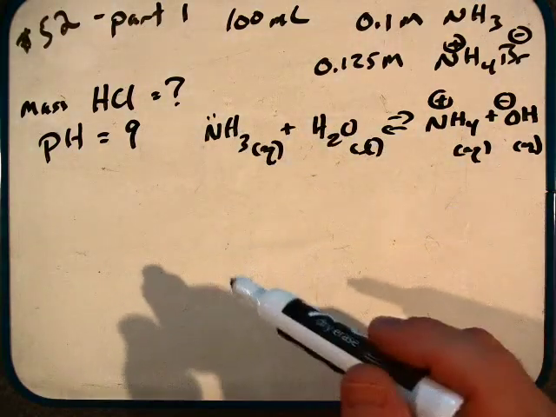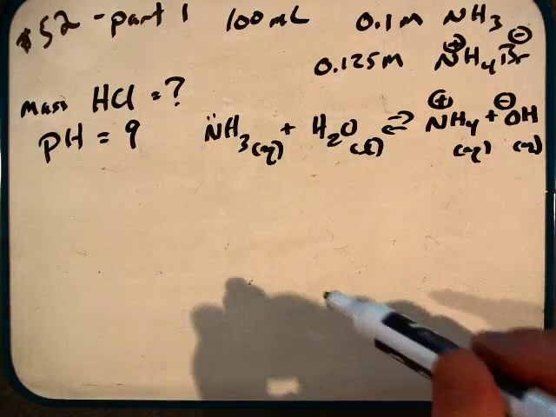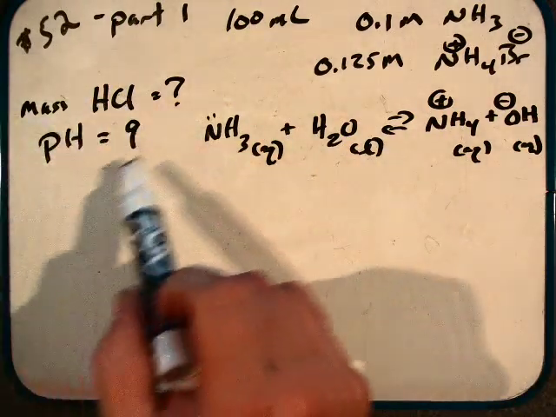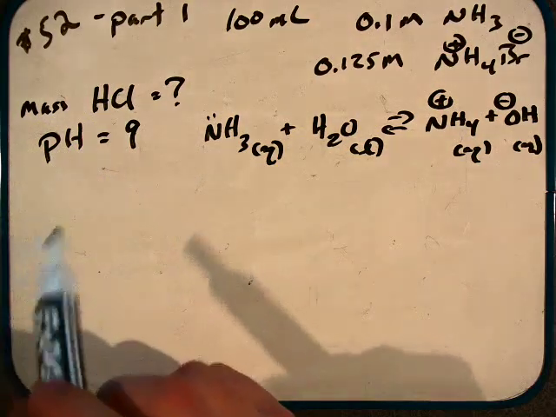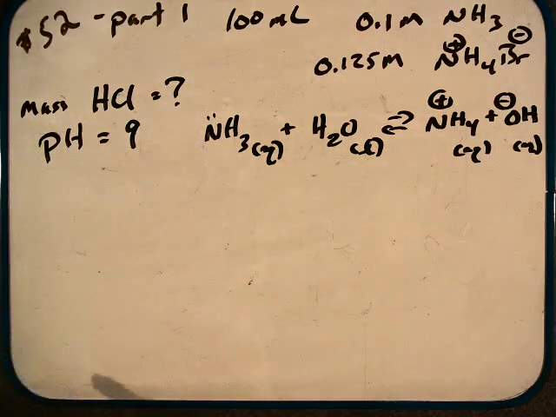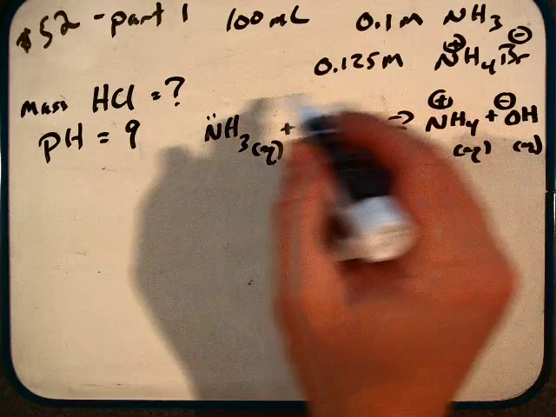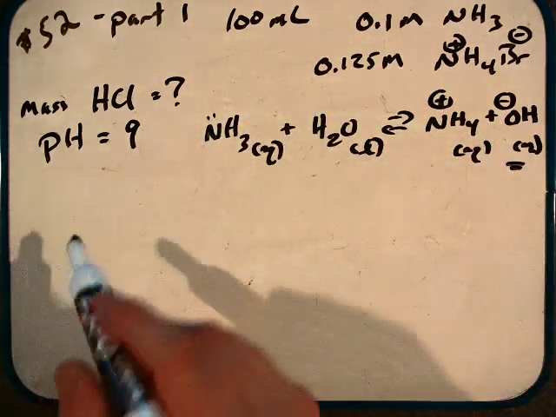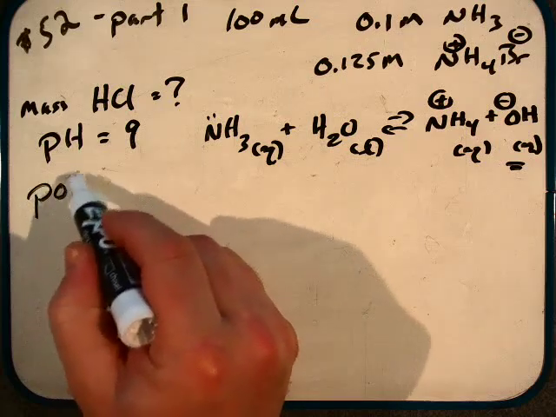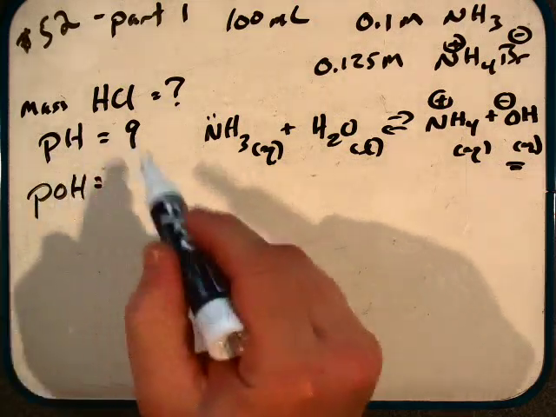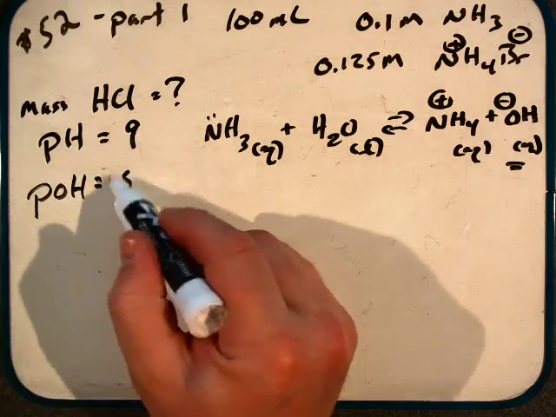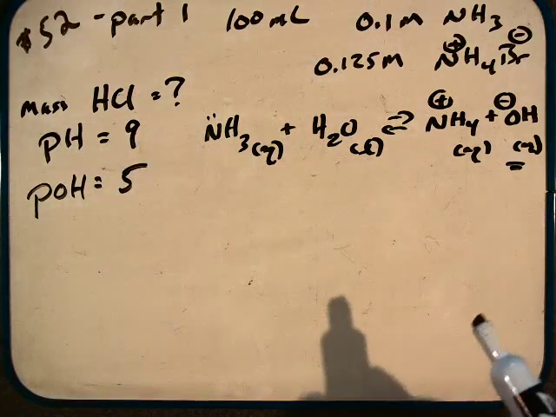So we have a buffer situation, and basically what we're trying to do is figure out what's the threshold for this pH. And since our equilibrium equation involves hydroxide, we really should be looking at a pOH, right? And remember, that's just 14 minus our pH, and so that would be a pOH of 5.